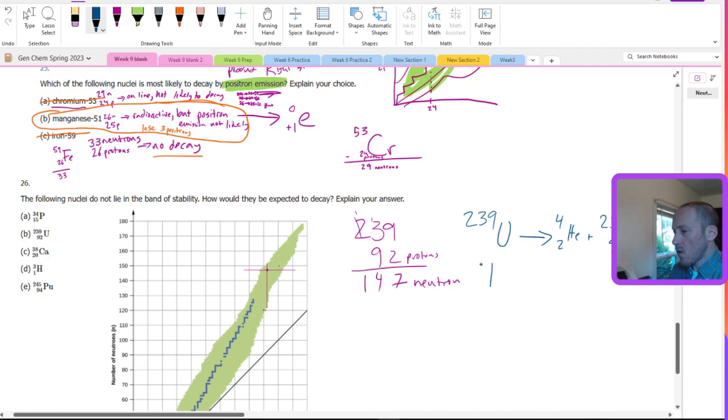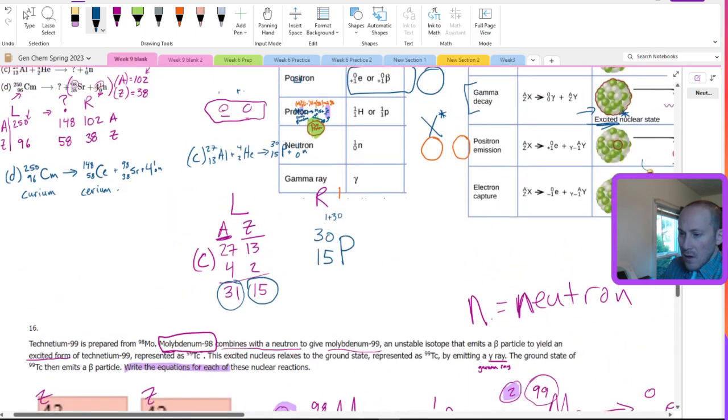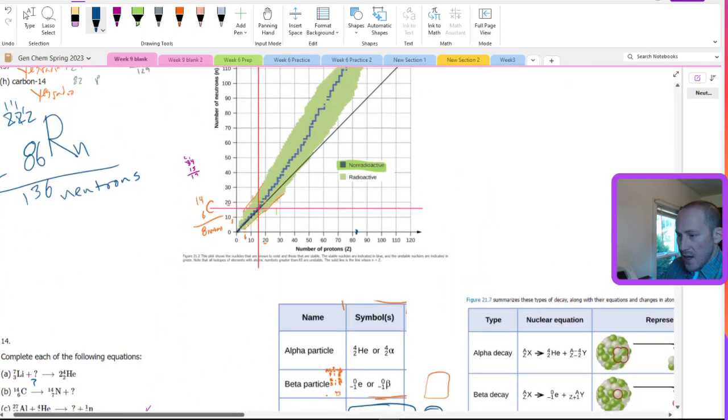And then the thorium is going to lose a beta particle. That's minus a negative, and therefore become, minus a negative becomes a positive, and it's going to go back and forth like that.